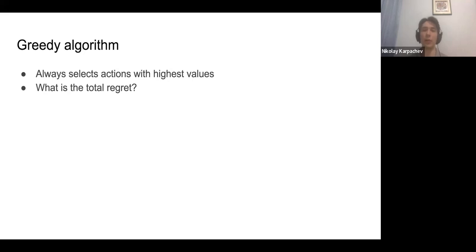We take our Q values and basically always do what we think is better. It doesn't matter if we know anything about the rest of the actions or not. We always select the argmax. So what do you think the total regret will be in this algorithm? Will it be high, will it be low? And what are some problems that you think are present in this greedy selection?